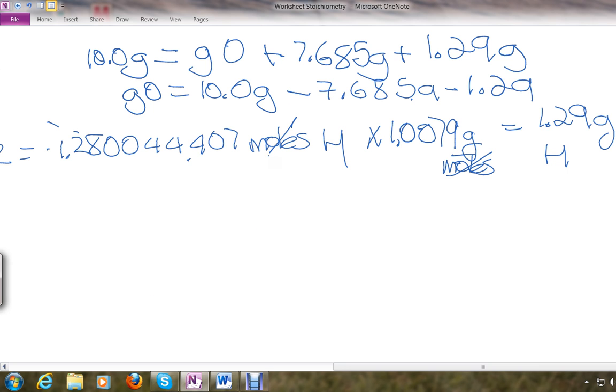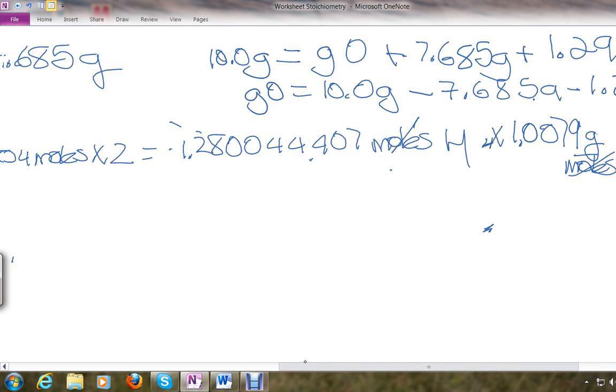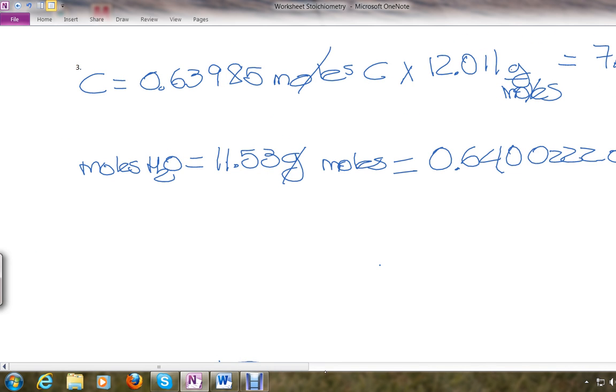Do you know why we're doing all this? Because we need the moles of oxygen to be able to divide and find the ratio of the three elements in the formula.